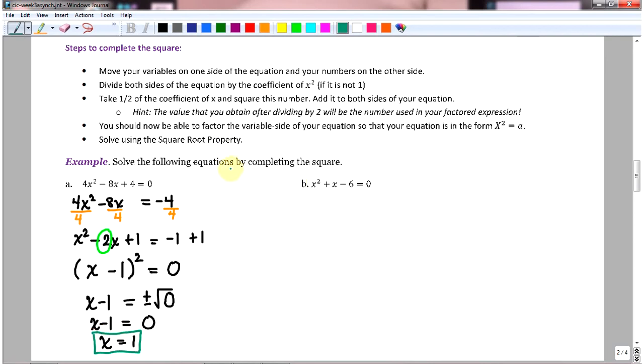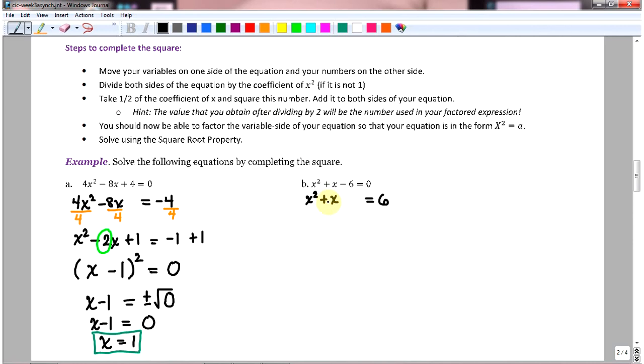All right, well, let's apply completing the square to our example in part B. First step, I want to move my number to the other side of the equation. So I have x squared plus x, leaving a little space, is equal to 6. Next I need to take half of the coefficient of x and square that number.